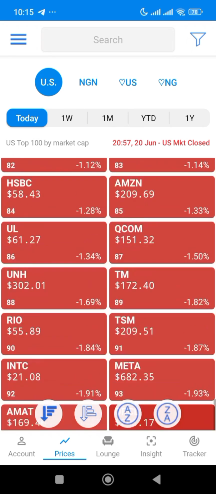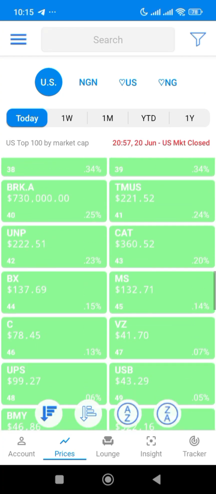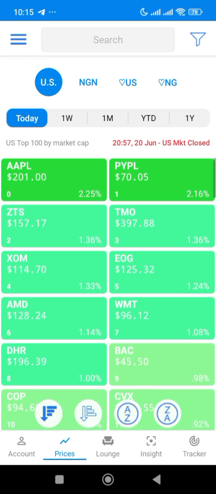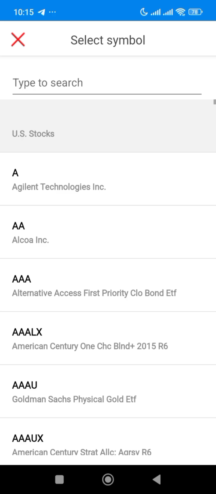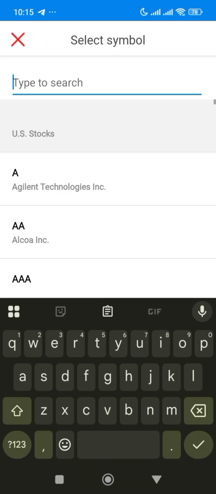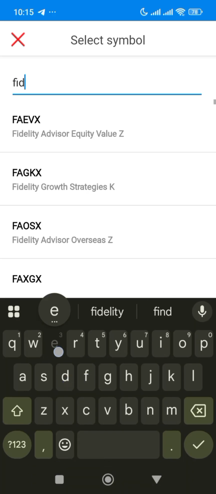Over here you can see UBA, Access, you can see plenty of them. Or if you don't see them, see over here the search bar. Tap on this search bar and you type, let's say I want to type Fidelity Bank.